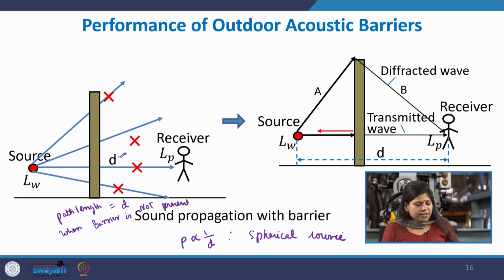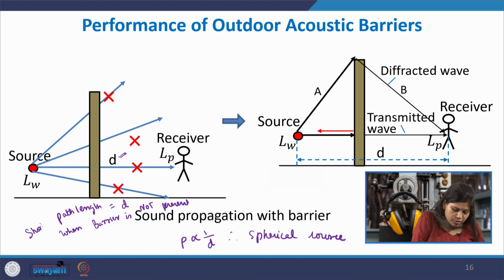So, the shortest path length was d if the barrier was absent, but now that the barrier has been installed, the sound along d is not being received; rather, the shortest route taken by the direct sound wave reaching the receiver is a plus b. The new shortest path length, I would add the word shortest. So, this is the shortest path length in absence of barrier, which is d.